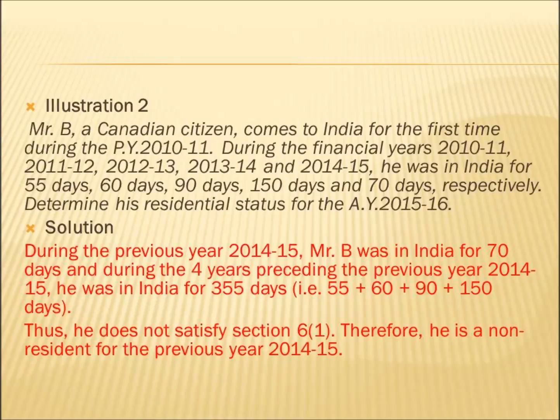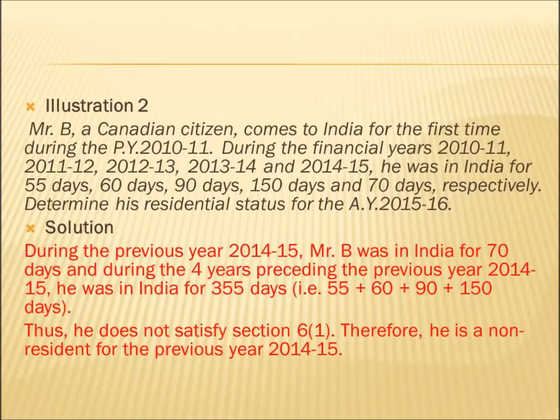But here in this case, during the previous year 14-15, he was in India for just 70 days. So this first condition is not being satisfied. So now we have to see the second condition. If the second condition is satisfied, then he will be a resident. But if the second condition is also not satisfied, then he will be regarded as a non-resident.